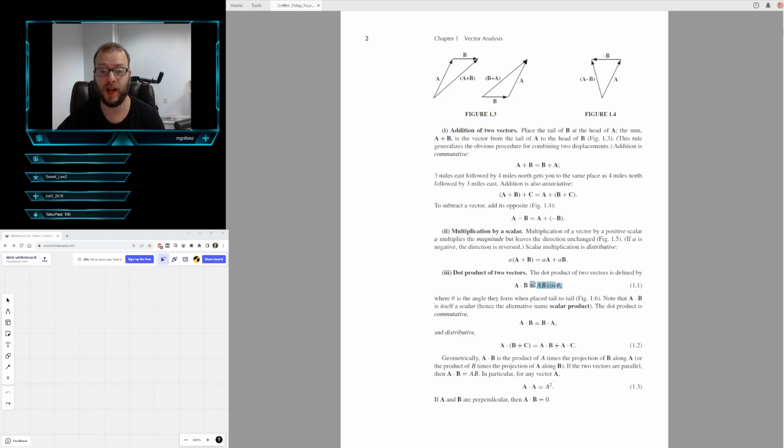Mathematically, it's defined like this. It is a scalar quantity. The resulting value is a scalar quantity, and you are simply taking the magnitude of A, the magnitude of B, and you're multiplying it by the cosine of the angle between them.